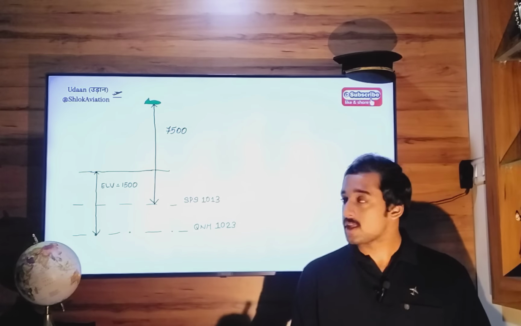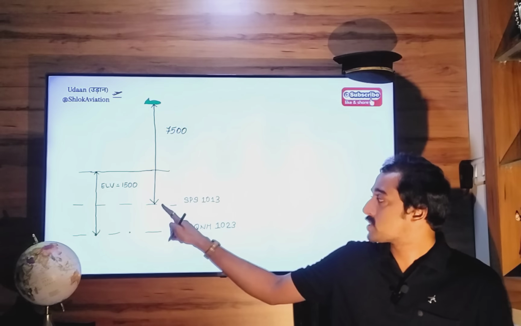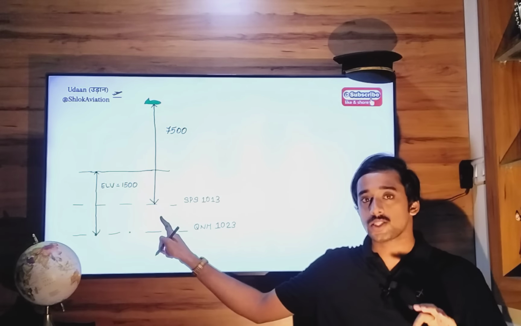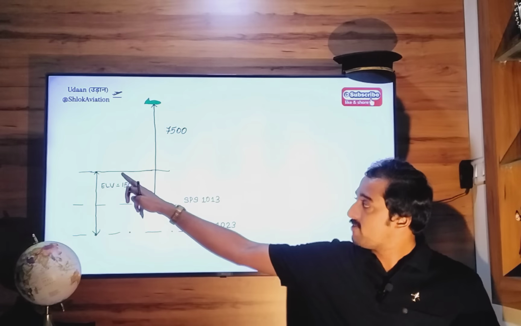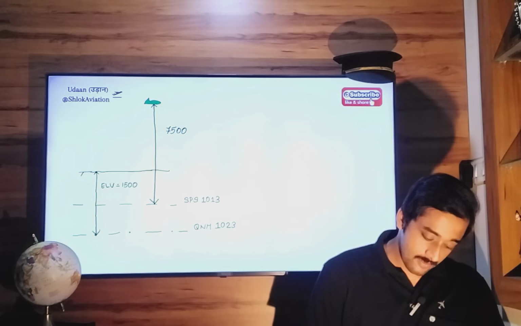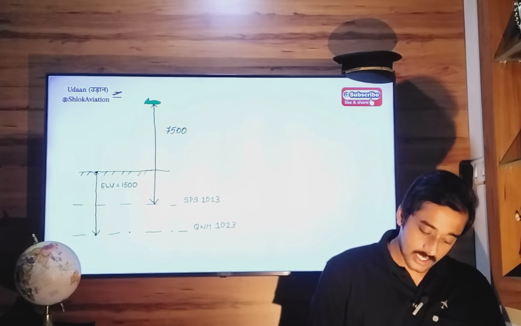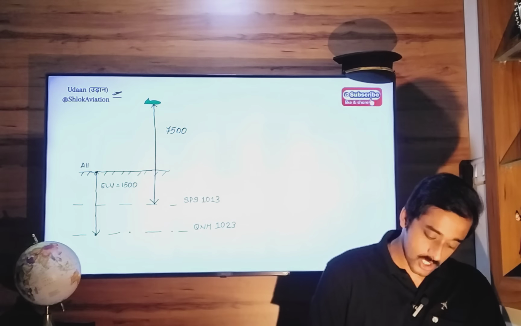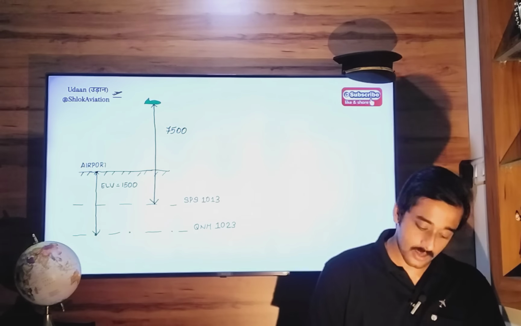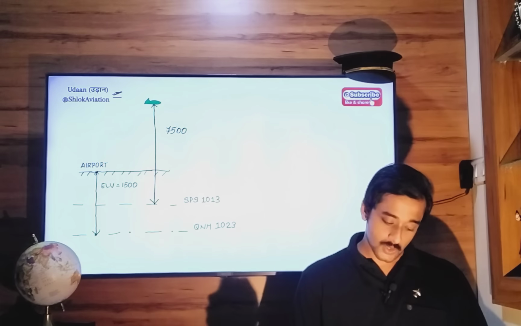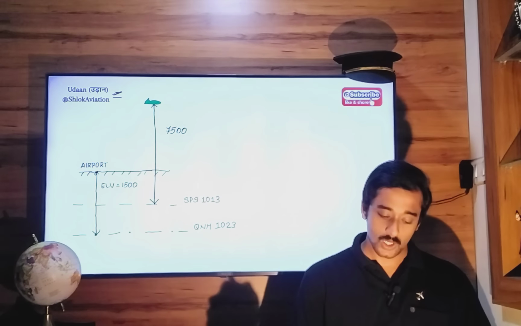So 7,500 is with respect to standard pressure setting 1013 pressure level. Elevation of this airport is with respect to QNH 1023.